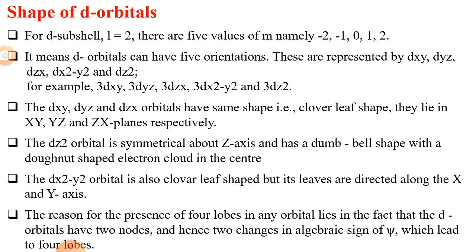For example, 3dxy, 3dyz, 3dxz, 3dx square minus y square and 3dz square. The dxy, dyz and dxz orbitals have the same shape, like a clover leaf shape.